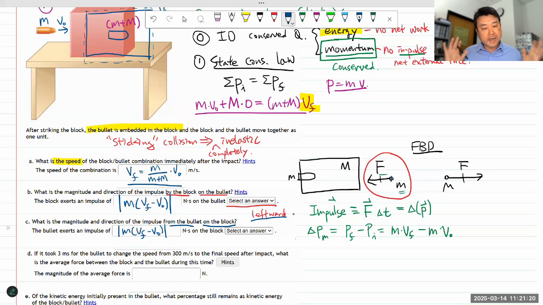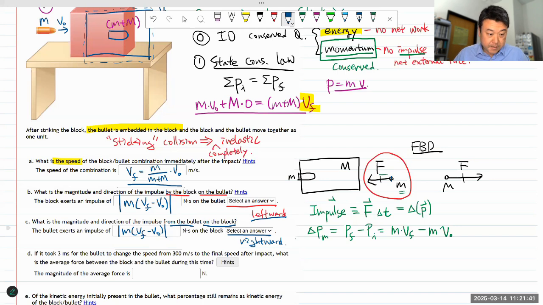Don't need to. I trust in Newton's third law. I trust in conservation of momentum. So I'm just going to use the same answer as B. Now the direction will be rightward, again, because I trust in Newton's third law when the conditions are met. So I'll simplify the calculation, just use the same number for C.